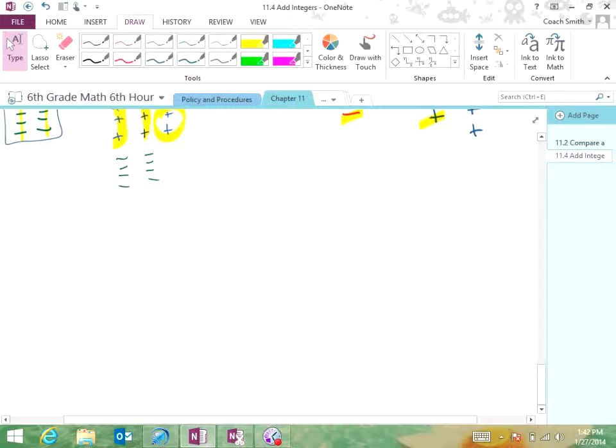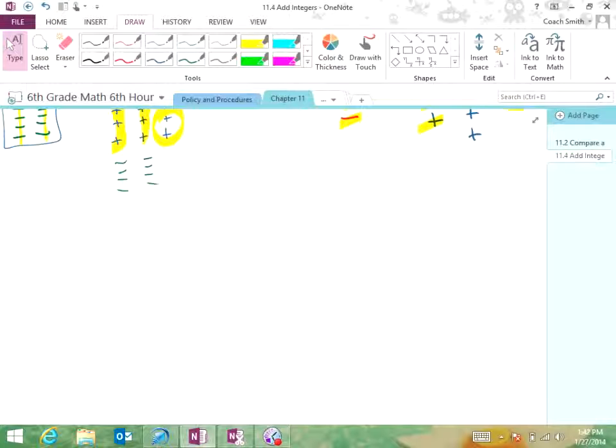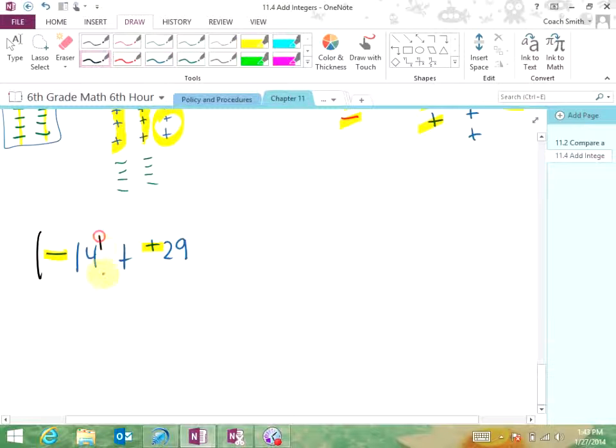All right, now let's look at one last one. -14 plus a +29. Okay, so I have a negative and I have a positive. So my rule says I've got to take the absolute value of both numbers and subtract the smaller from the larger. So the absolute value of +29 is 29. The absolute value of -14 is 14.